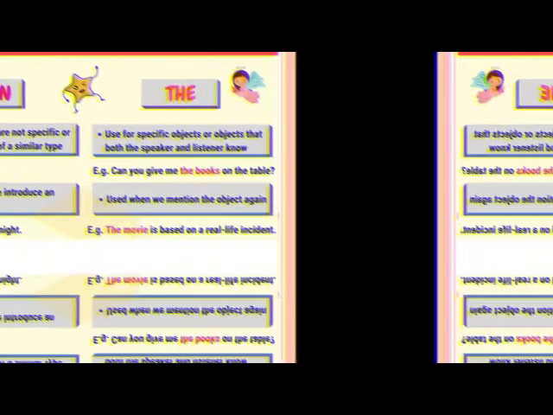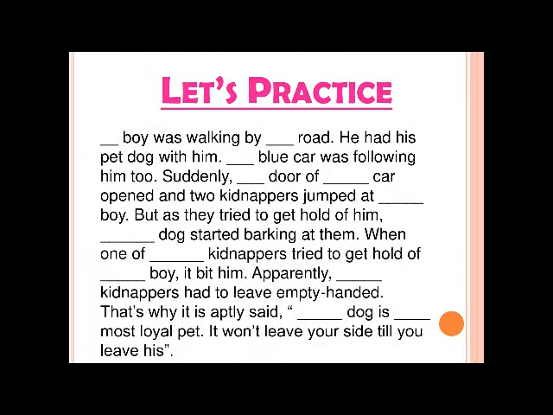Let's practice an exercise so that it will be clear to you when and where to use a and the. Dash boy was walking by dash road. Now, I have mentioned boy and road for the first time. So what we will use here?